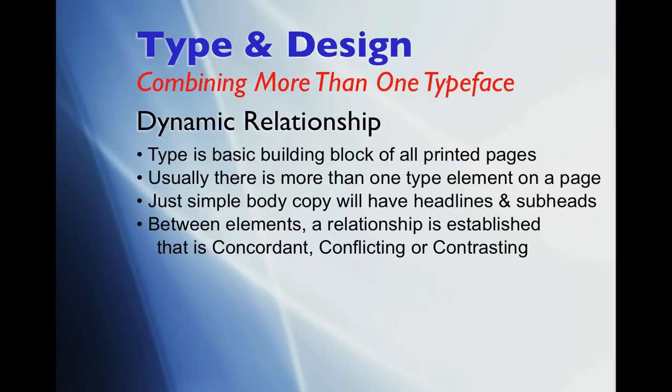The terminology that we're going to use here is concordant, conflicting, and contrasting. And we're going to look at these three basic concepts as a way of guiding us to better understand how to do and make and create effective pages. Okay? So, concordant, conflicting, and contrasting.